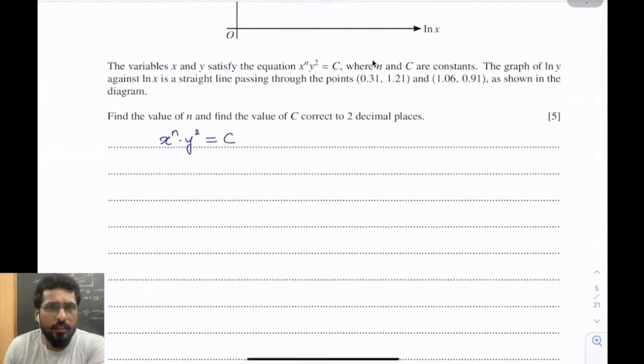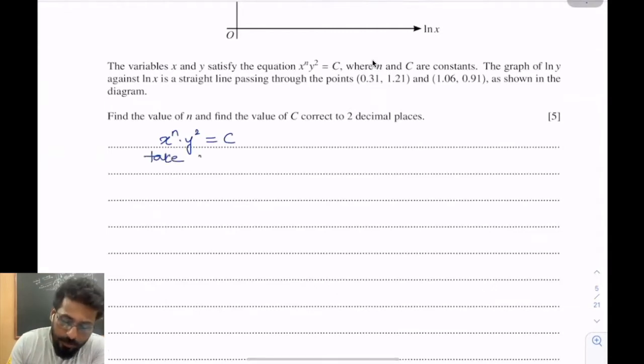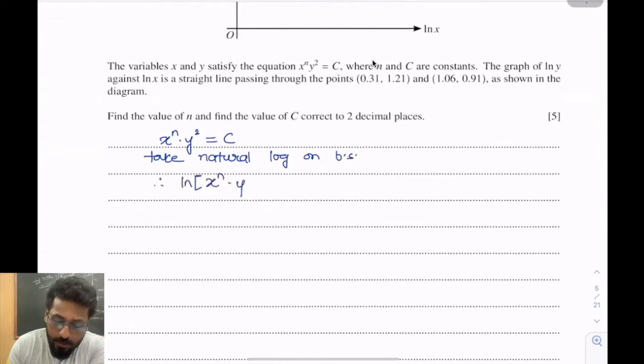So you take natural log on both sides. I get ln of x^n multiplied with y² is equal to ln c.